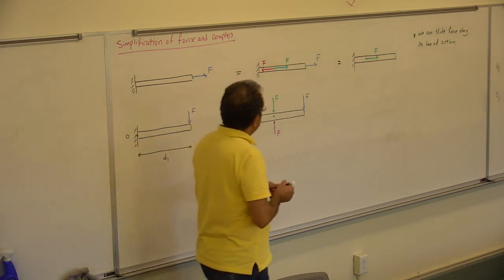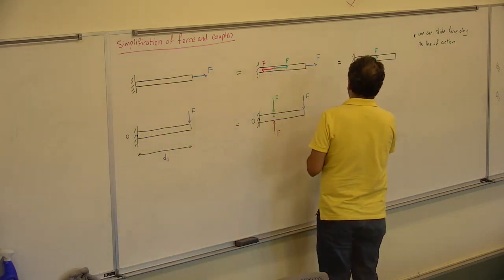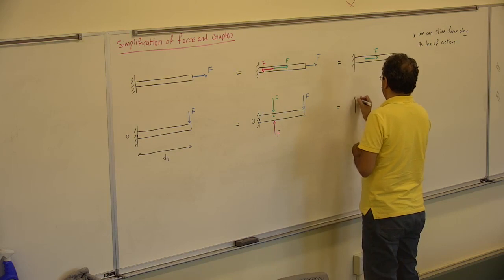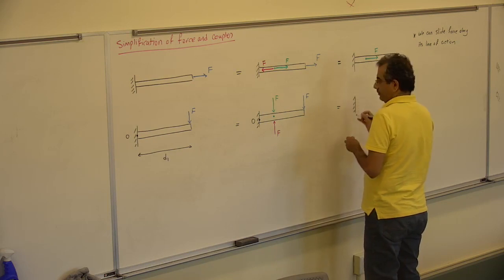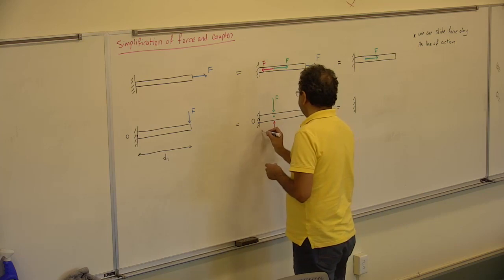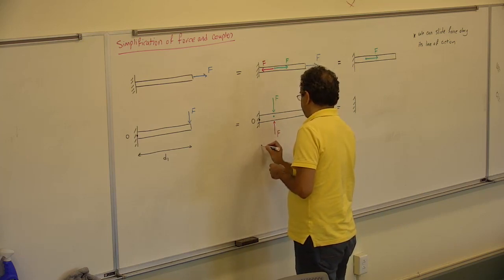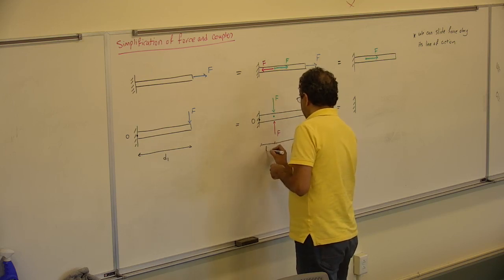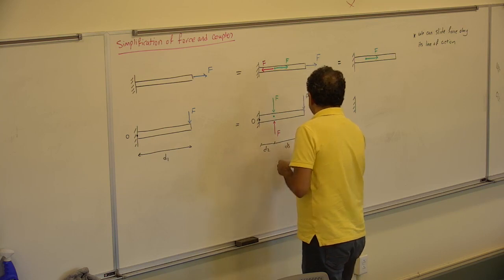Now, if I go one more step, same as before, and assume this distance is D2 and D3.